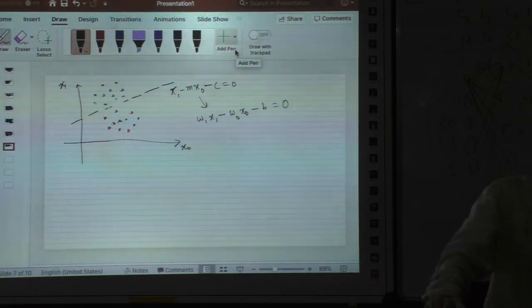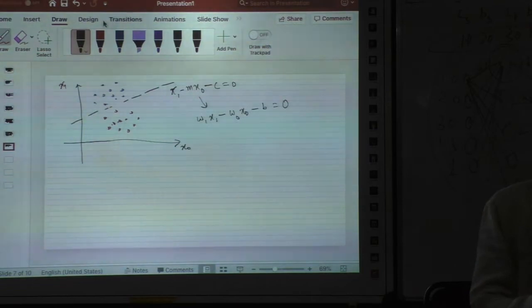So now can you tell me what is bias? Bias is the intercept, right? If I do not use bias, what will happen? Yes, the intercept will always be 0, which means my line will only pass through the origin.